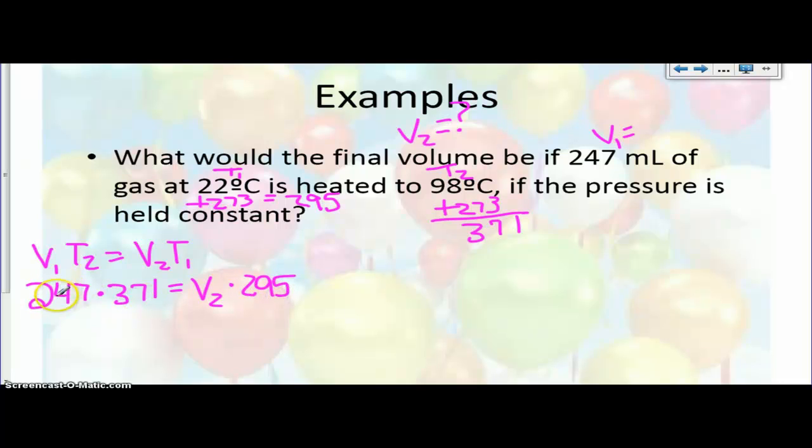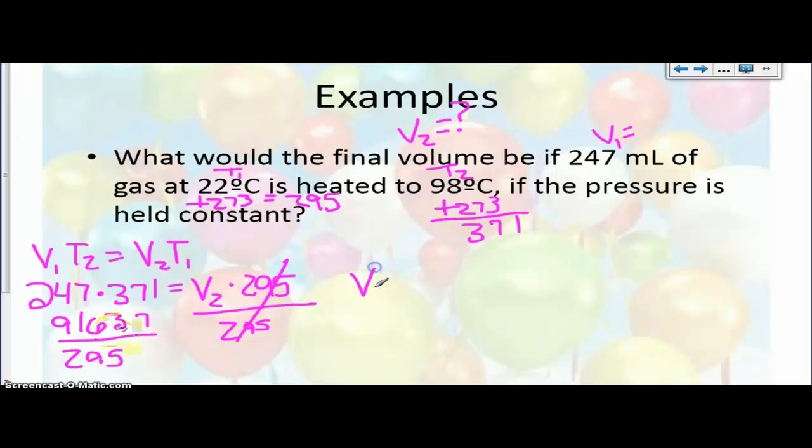So we're just going to do a little multiplication. This times this will give us 91637. And then you want to get your V2 by itself. So you're going to divide by 295 on both sides. And that gives you the solution for V2. So that gives us 310.6.